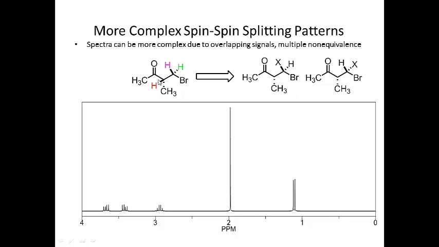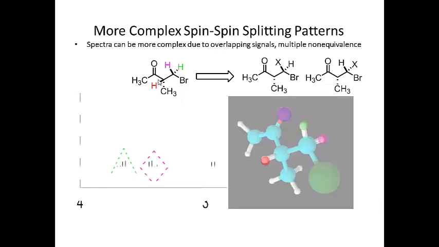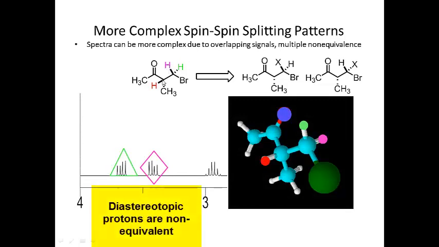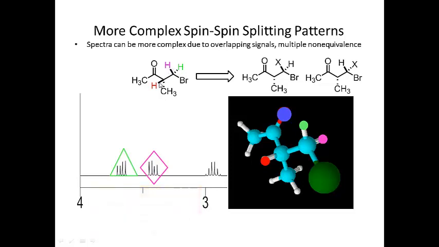So these diastereotopic protons are non-equivalent to one another because of the chiral center, and because of that, they split not only with the adjacent proton here, but they also split with each other.